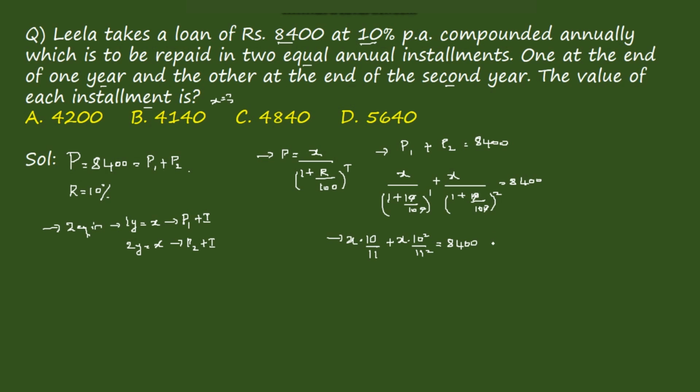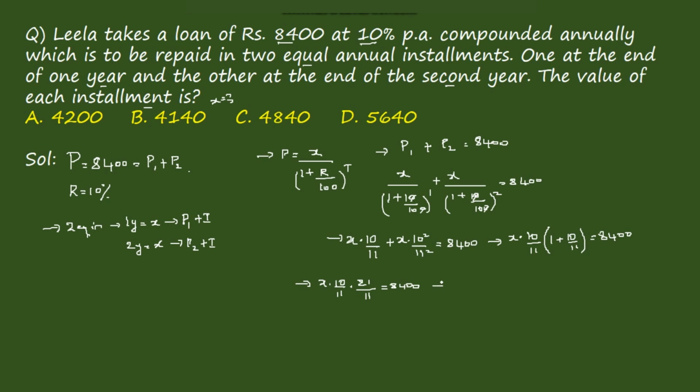8400. If you consider x into 10 by 11 as a common term, then x into 10 by 11 into 1 plus 10 by 11 is equal to 8400. So it becomes x into 10 by 11 into 21 by 11 is equal to 8400.